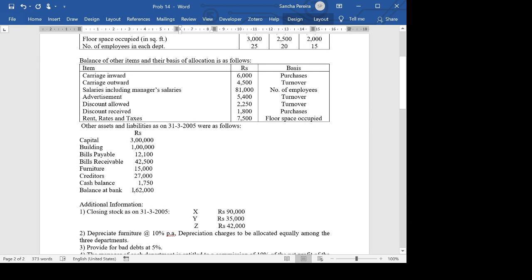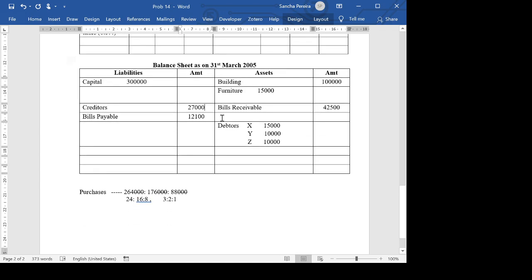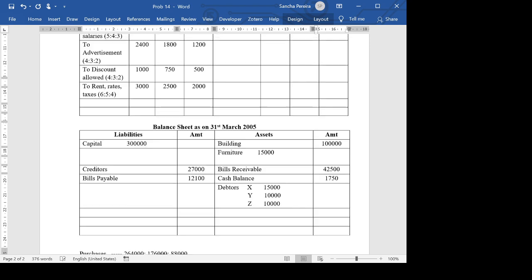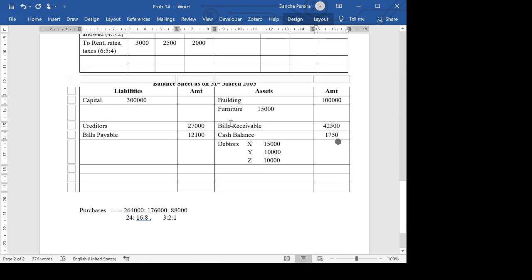And then we have cash balance 1,750, and there's also balance at bank 1,62,000.